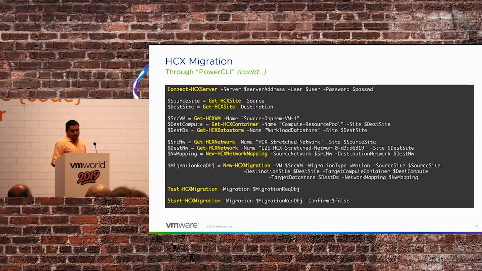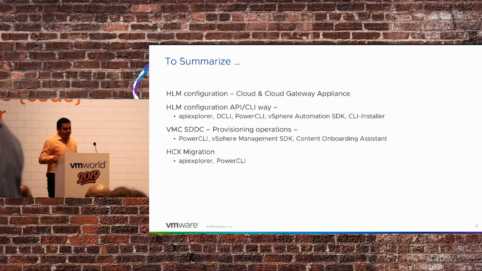All right. So to summarize, for HLM configuration, we've seen two ways to do it, one from the cloud side, the other from the on-premise side using the Cloud Gateway Appliance. We have seen how to do the HLM configuration via API and CLI. We discussed API Explorer, DCLI, PowerCLI, the SDK, and the CLI installer.